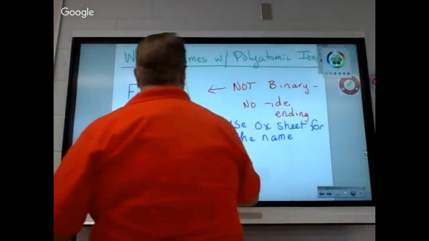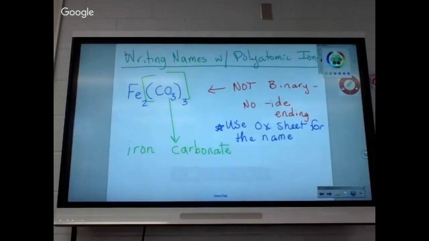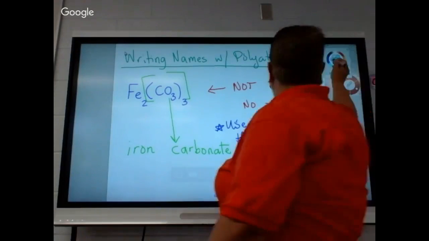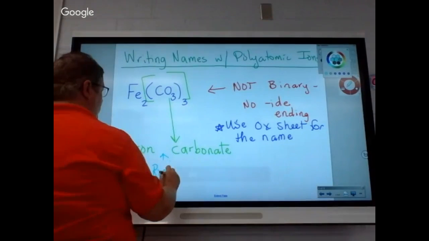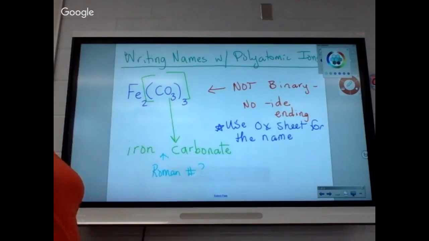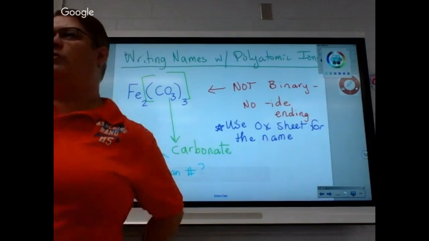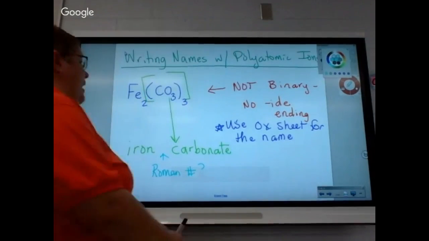I need an O there. Carbonate. Now, just like last night, we check the first element. Does it need a Roman numeral? How do we check? Our sheet. We check how many oxidation numbers it has.